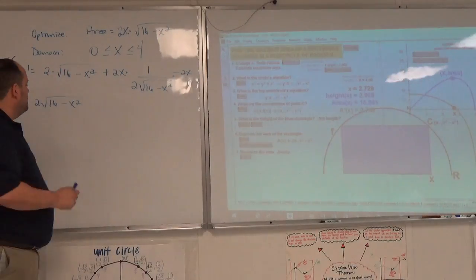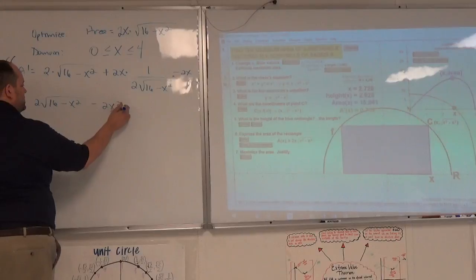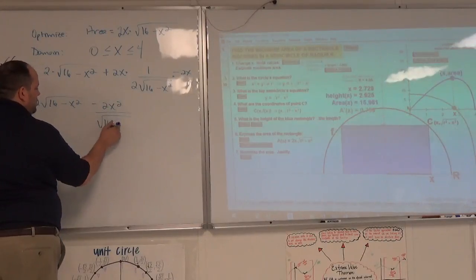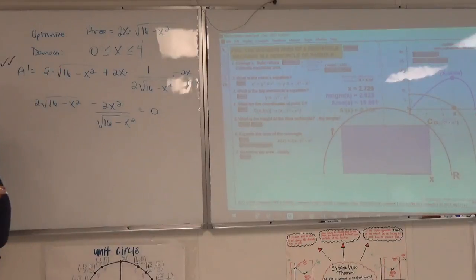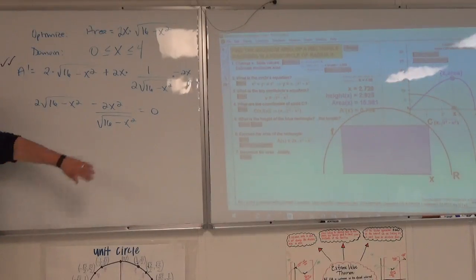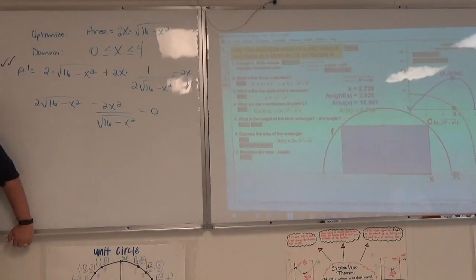Life is good for me. Negative 2x squared over square root of 16 minus x squared. Now here's the thing. You've got to figure out where that's equal to 0. All right, so finish it off. We need some algebra cleverness here.